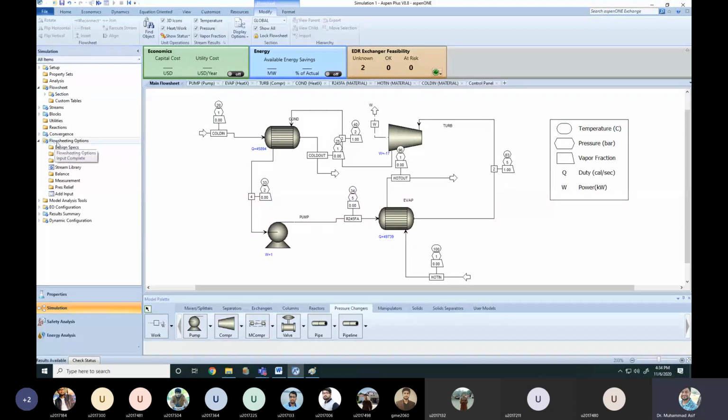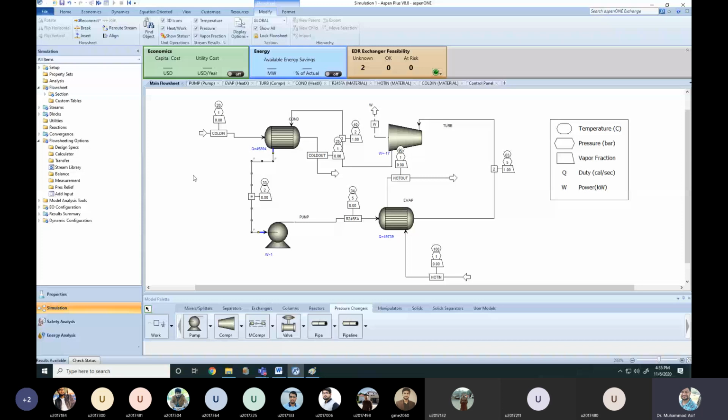If you click on the flow sheeting option, there is a design specs. For example, let's say you want to get a specified temperature at the condenser outlet, and you can vary the flow rate of the cold water. So you can get that, right?